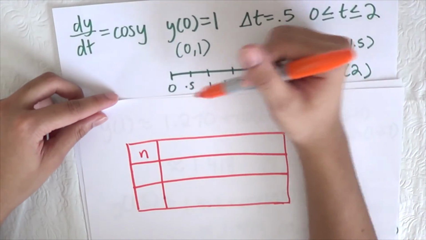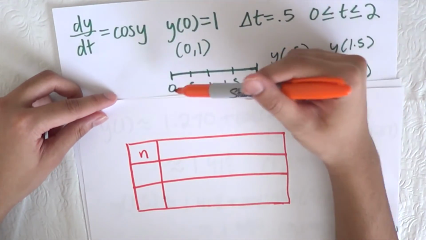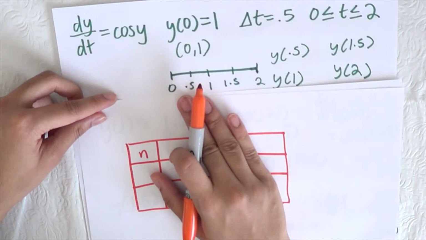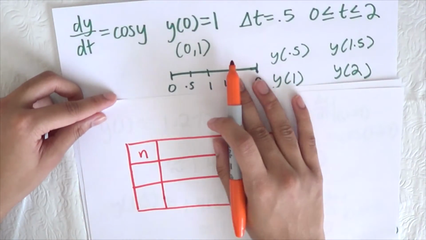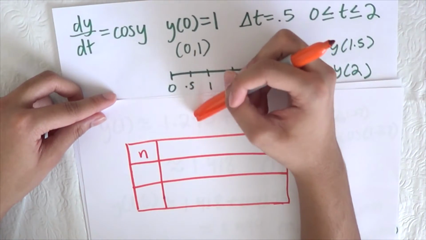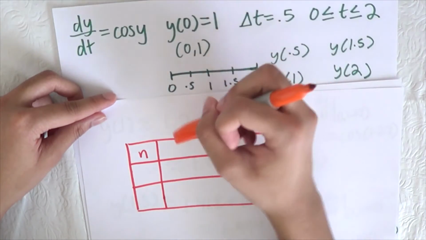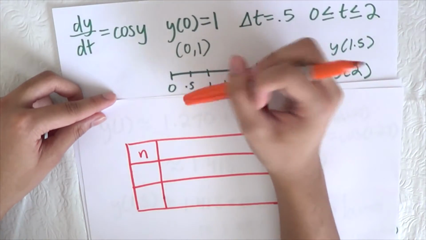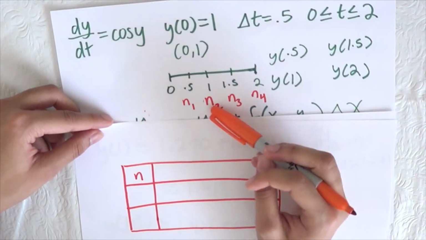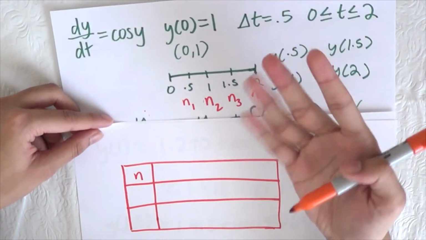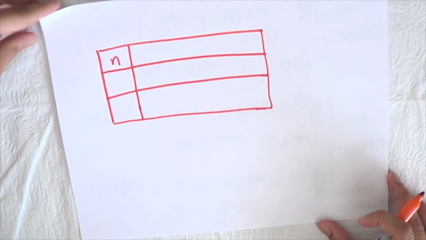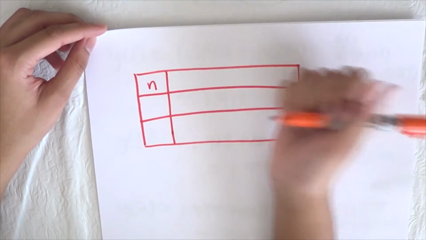It's just the interval. So for this case, we went from 0 to 2, and each step is represented by n. So this one, which goes with all the first like y sub 1 and t sub 1, goes with n sub 1 and respectively n sub 2, n sub 3, n sub 4, because we have 4 steps, right? So n is just the number of steps that you have.